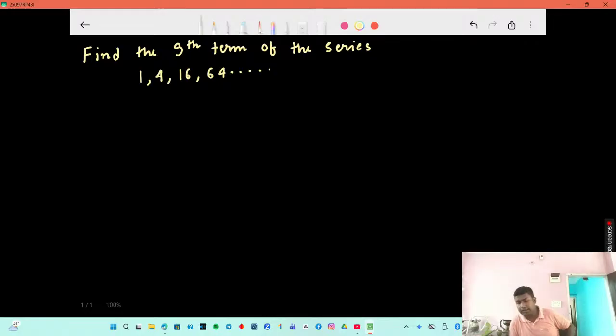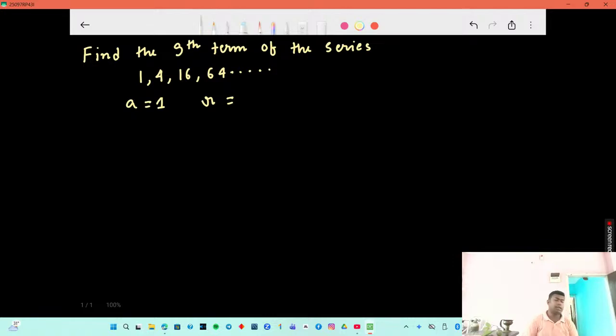Here in this series, the first term is 1 and the first term is denoted by A. So A is 1. Now we have to find the common ratio, which is denoted by small r. How can we find the common ratio?